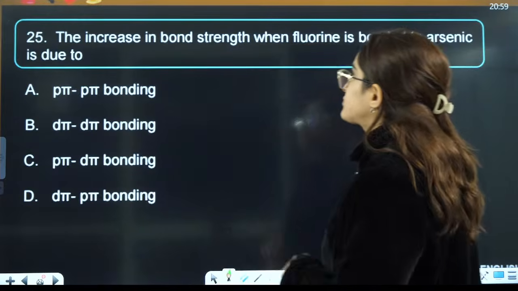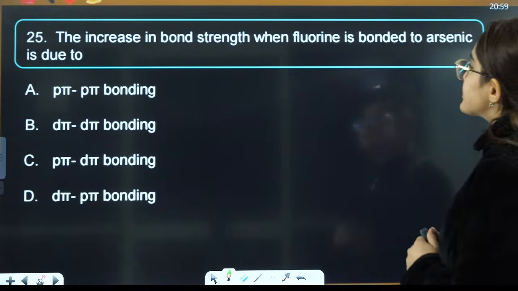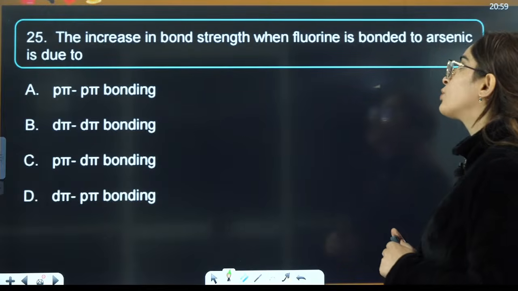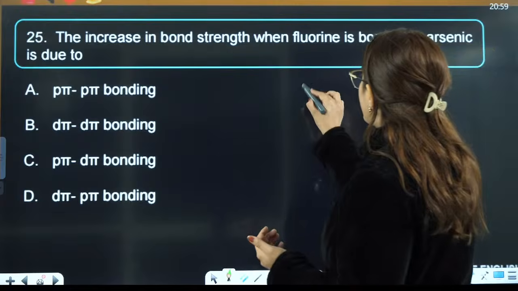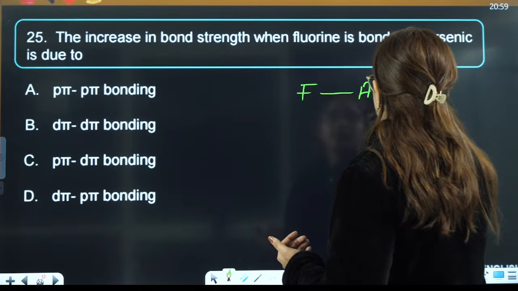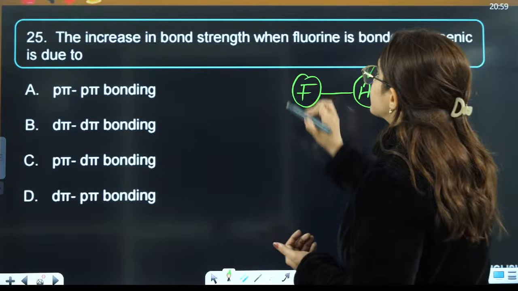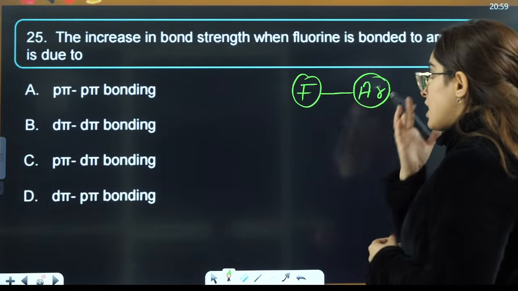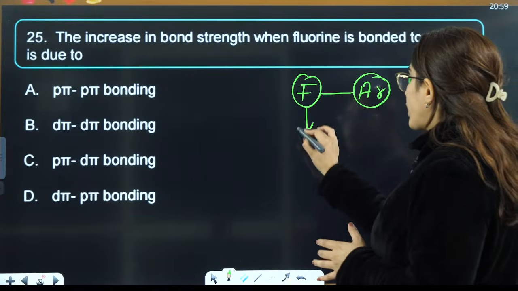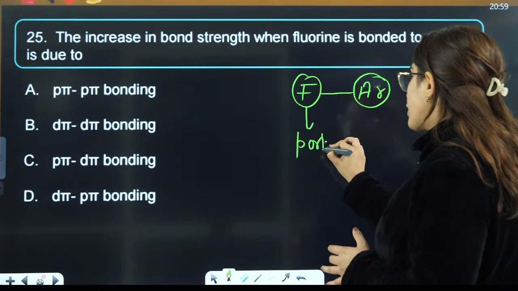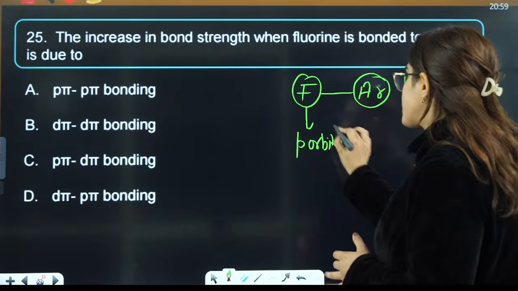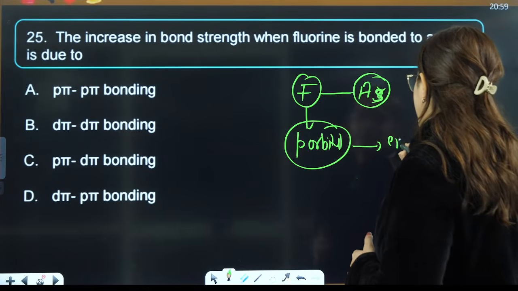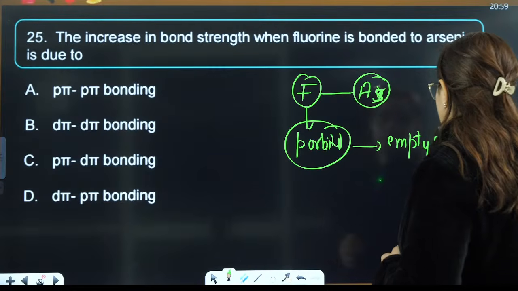Okay. The increase in bond length when fluorine is bonded to arsenic is due to what? Now, if you see fluorine bonded to arsenic, why is there an increase in bond strength? See, in fluorine you have p orbitals in which you have lone pairs, and in arsenic you have empty d orbitals.